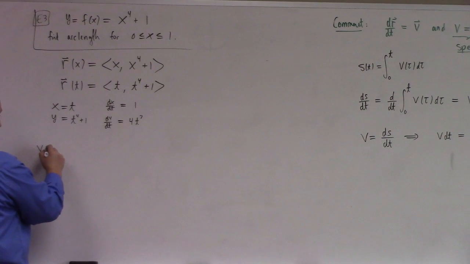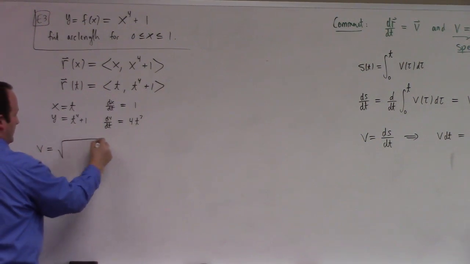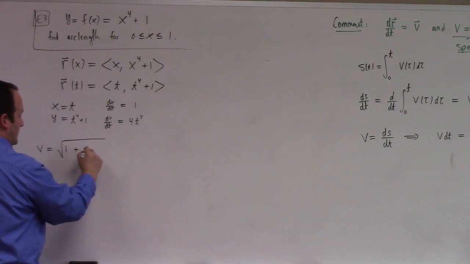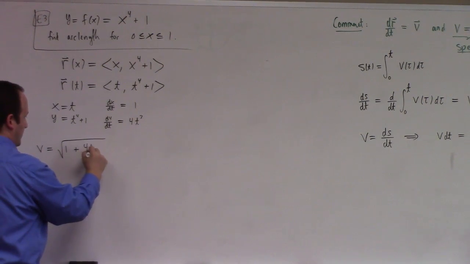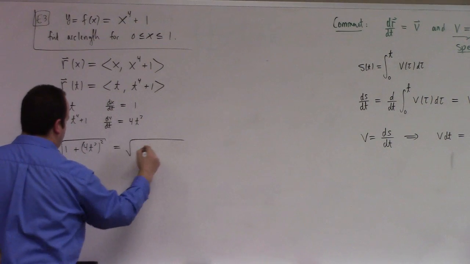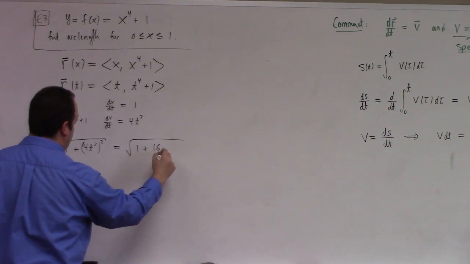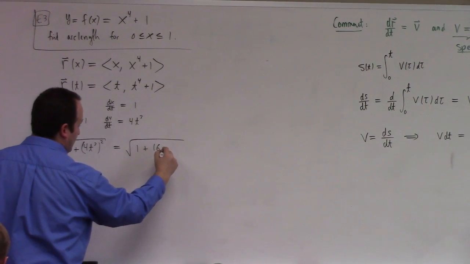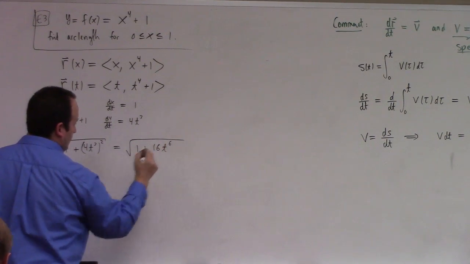So the speed is equal to the square root of 1 plus 4t cubed squared, right? Square root of 1 plus 16 t to the 6th.